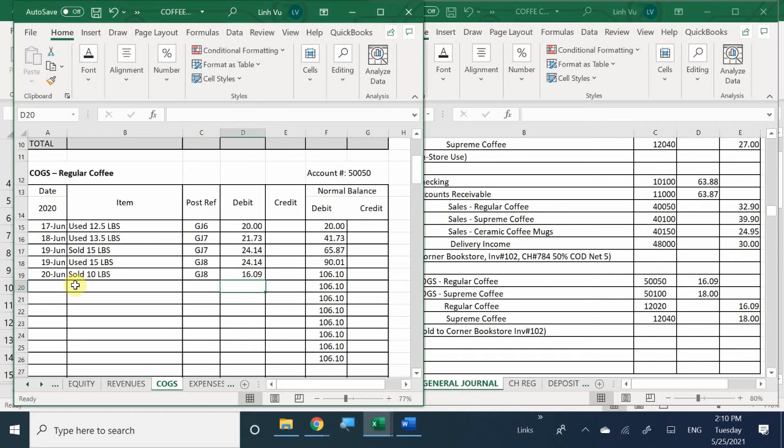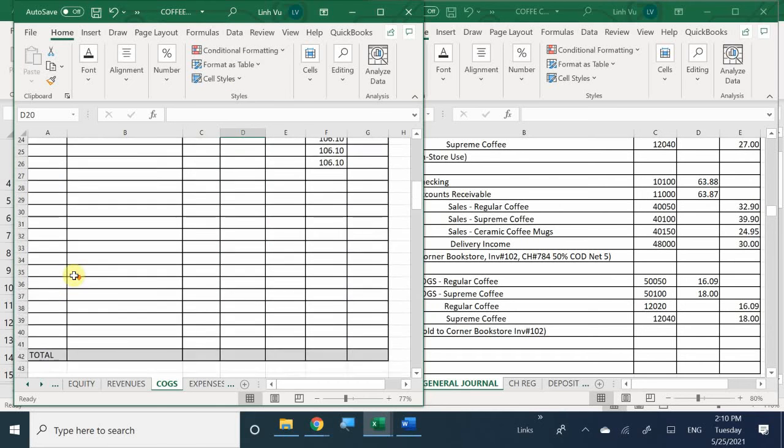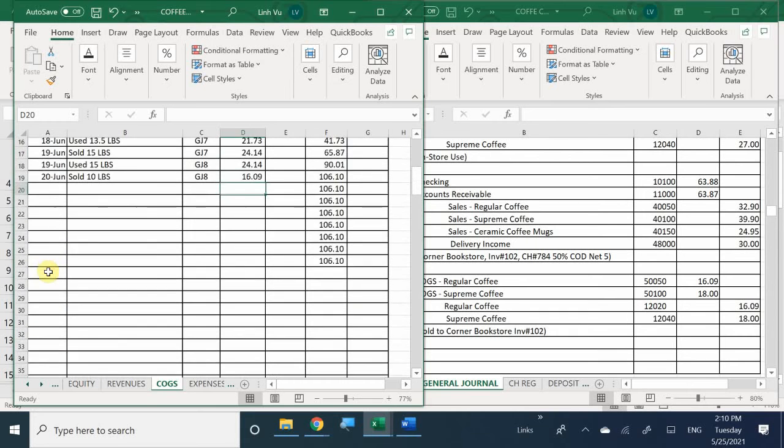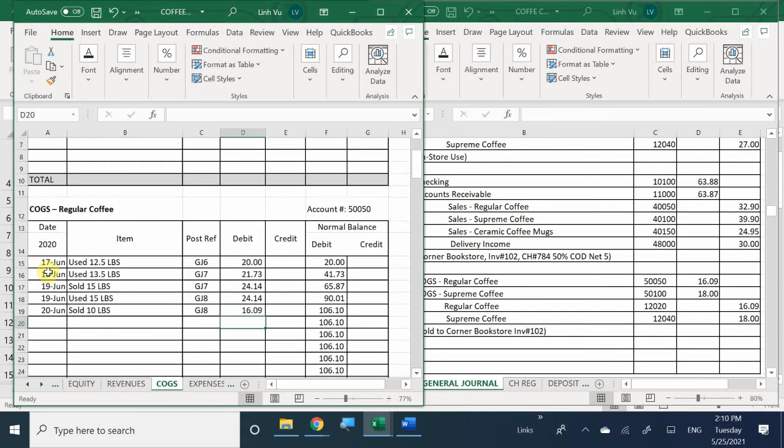Then we have to update the Supreme Coffee as well. Can we go back for a minute? I got 106.91. Okay, numbers are the same. That doesn't make sense. Oh, I put 90 cents instead of 09. My apologies. Okay.